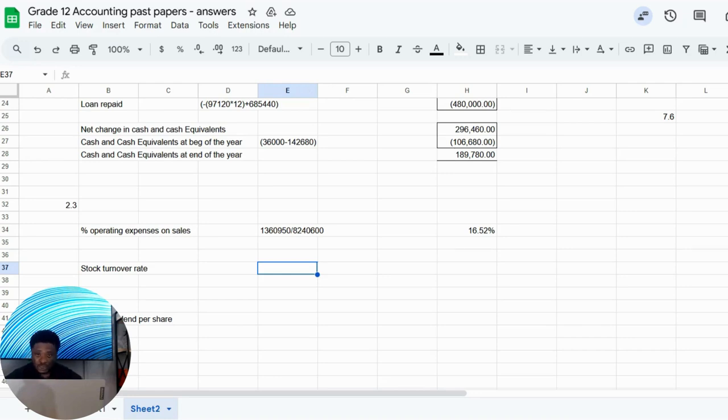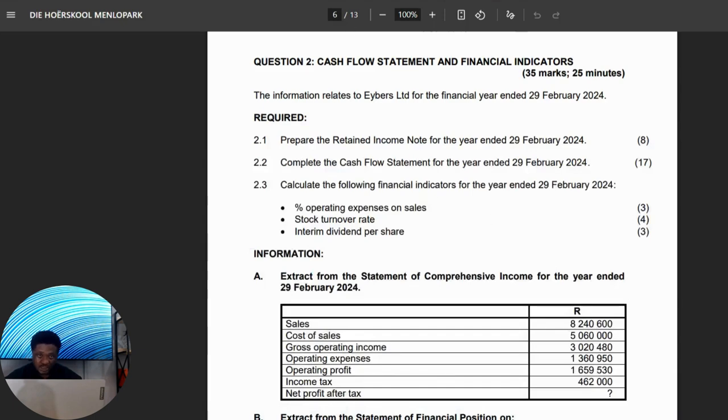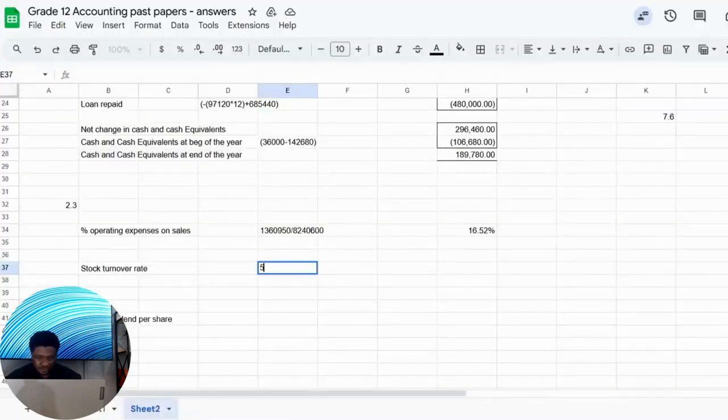Well, cost of sales is 5,060,000. So we're going to say 5,060,000, then divided by average stock. Now, by average stock, we mean stock at the beginning plus stock at the end, and then you multiply that by half. So you divide by 2.